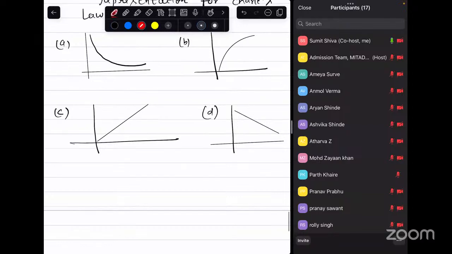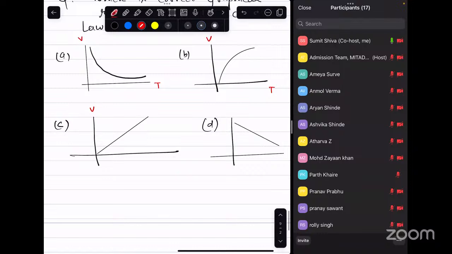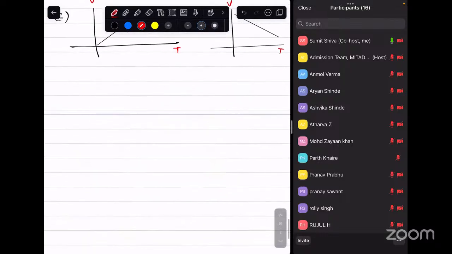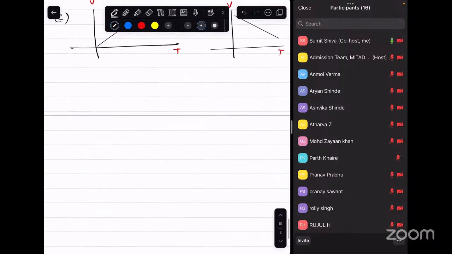Here we have volume, temperature, volume, temperature, volume, temperature, volume, temperature. And temperature is in kelvins. So what do you think? Which graph will be correct for Charles law?